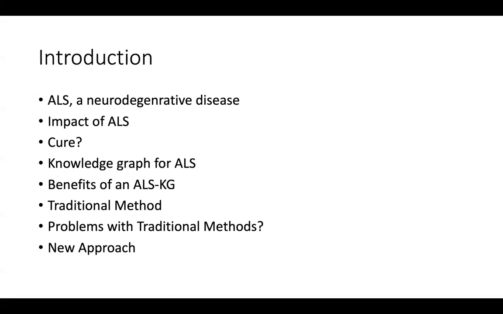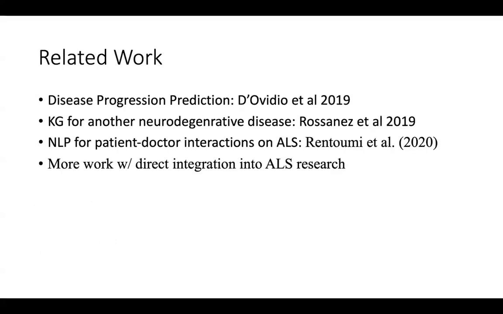Now, obviously, even the first time you hear something like this, it's very easy to understand that this is an inefficient and extremely high cost method to perform the creation of a knowledge graph, which is why in this project we approach this problem with a new machine learning approach to create a knowledge graph.